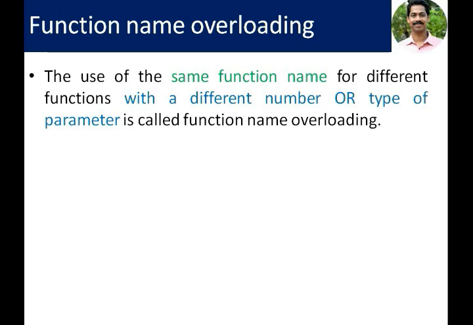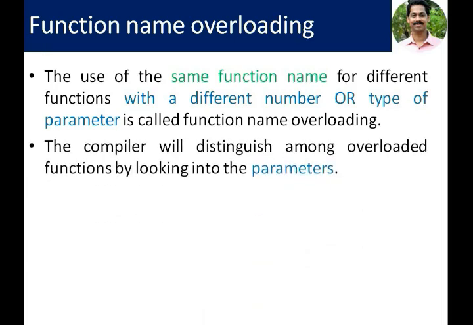So function name overloading means writing the same function with different parameters or with different types of parameters. The compiler will distinguish among overloaded functions by looking into the parameters. So the function names are the same, but the compiler can distinguish these functions by using the type of parameters or number of parameters.